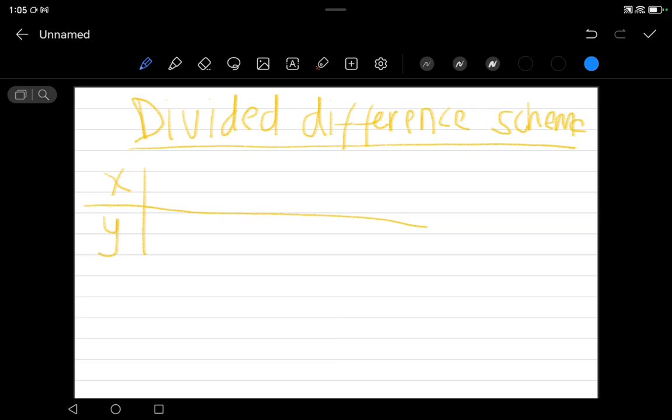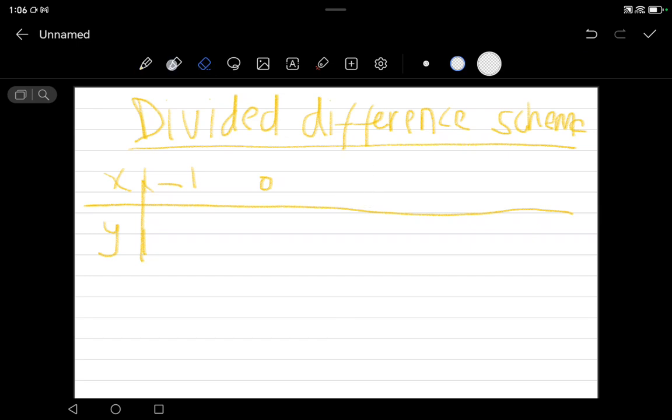So we have the values of x, which are negative 1, 0, 0.5, 1, and then 2.5.